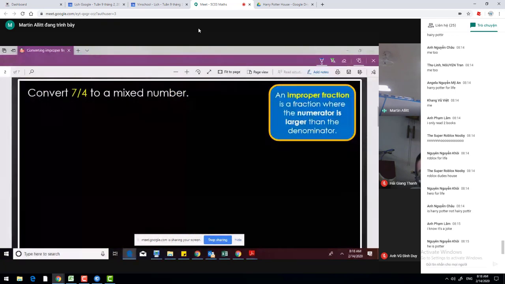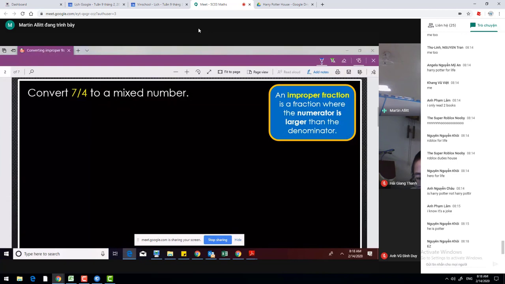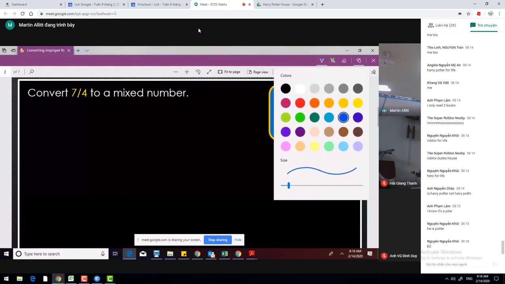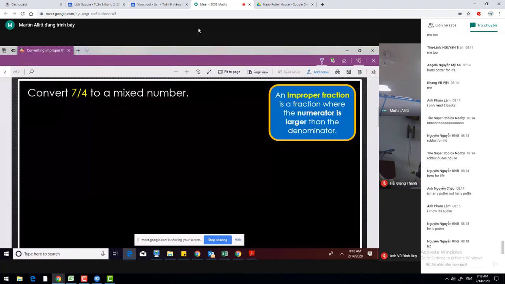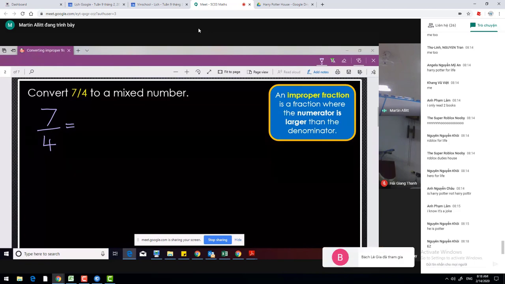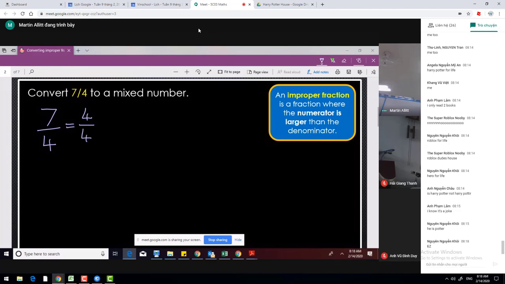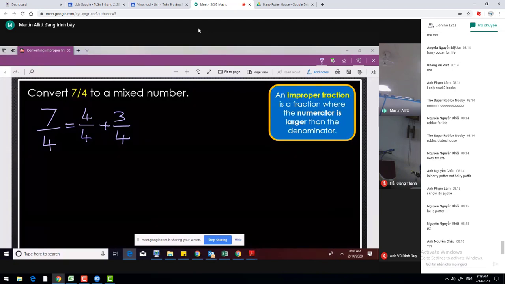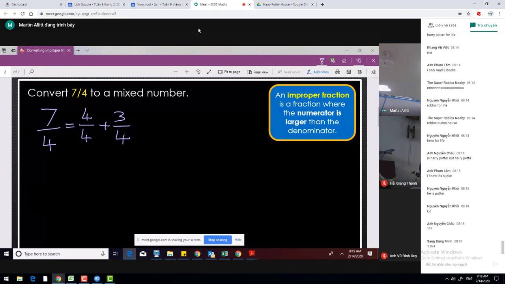Okay, so I'll do that a little bit more clearly now for this one. So here it asks me to convert 7 quarters to a mixed number. So I'm going to say that 7 quarters is the same as 4 quarters plus 3 quarters. 4 plus 3 obviously equals 7, so now we've got 7 quarters.